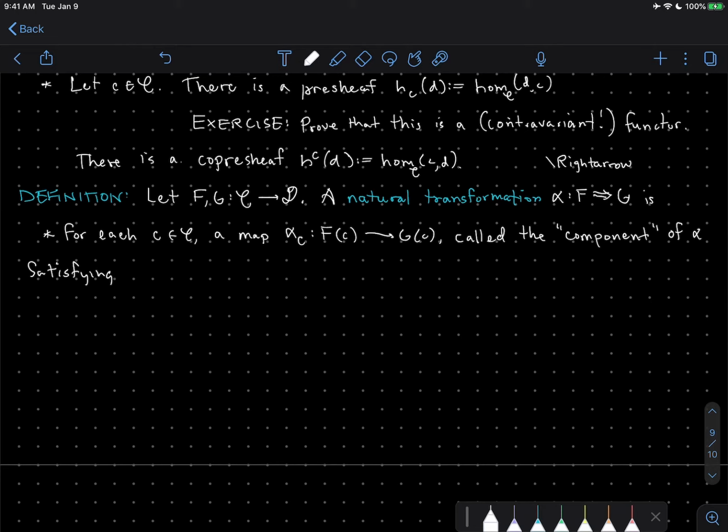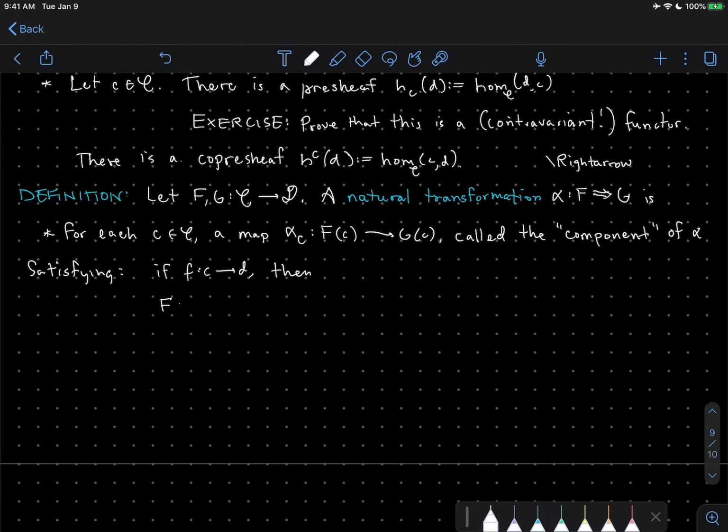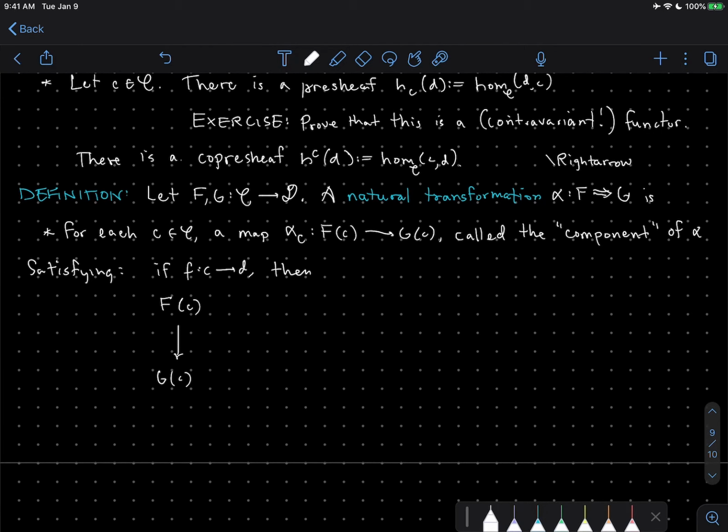We want these to satisfy, well, if f is a map from little c to little d, then the following square commutes. So we can take f of little c, and we could go down to g of little c via the component at little c of alpha. We could also go over to f of little d via f of the function little f.